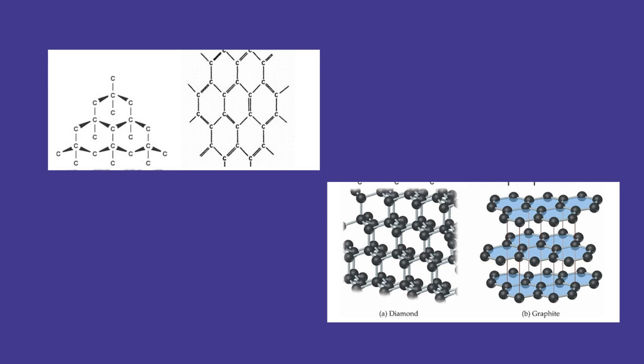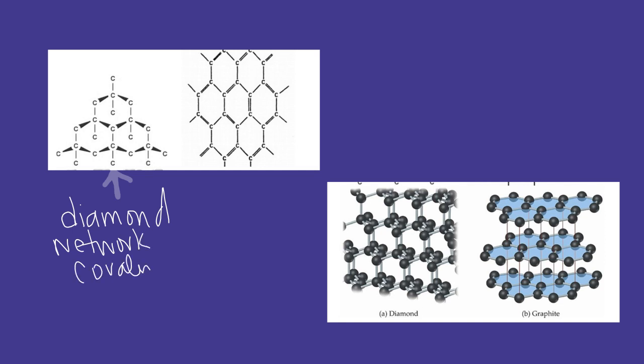All right, so the last two examples here are going to loop us back to network covalent. This first example right here is going to be for diamond. And we remember that diamond is network covalent, the absolute strongest of all of the IMF.